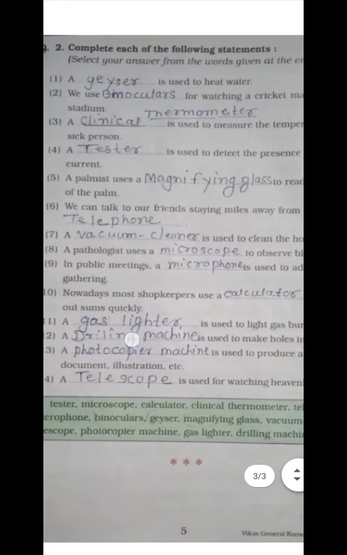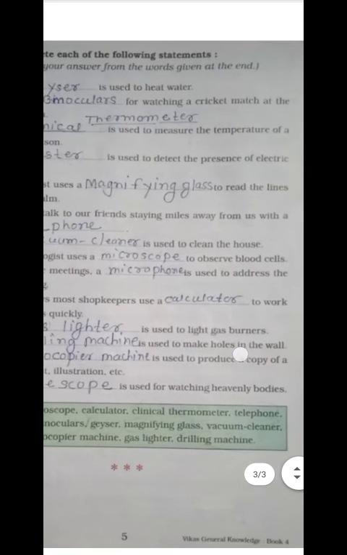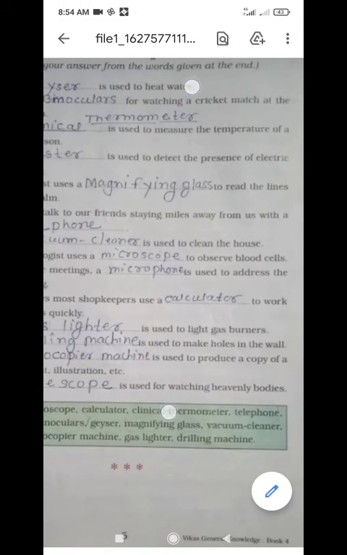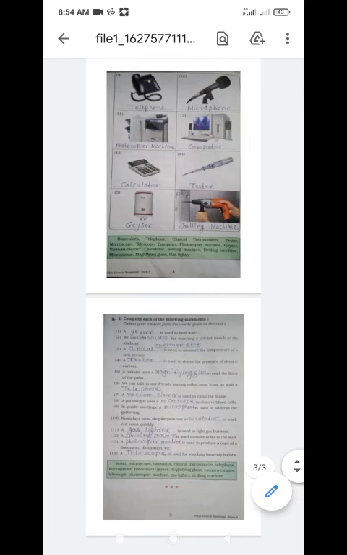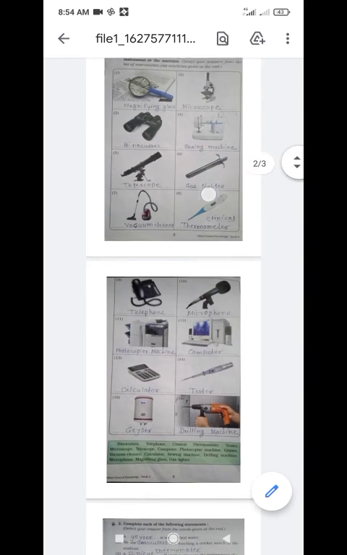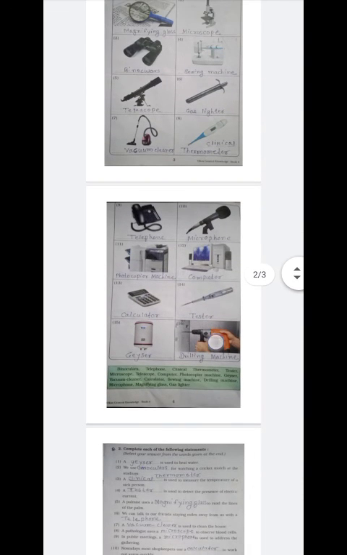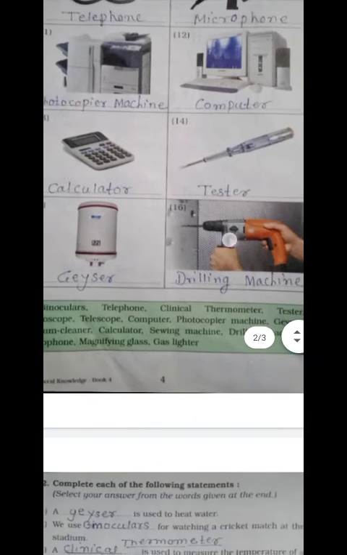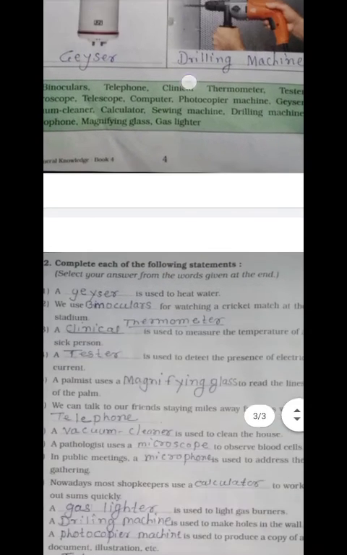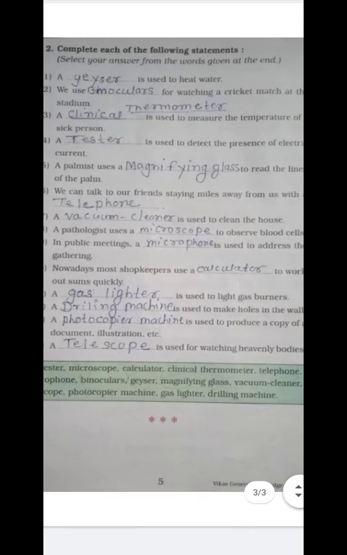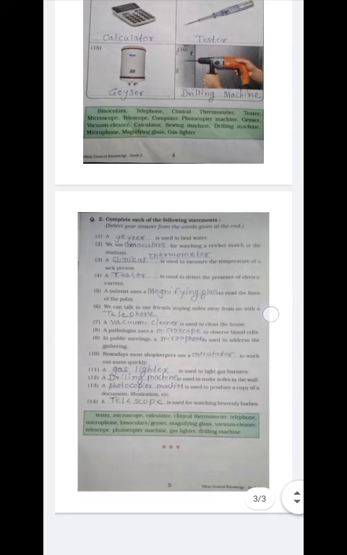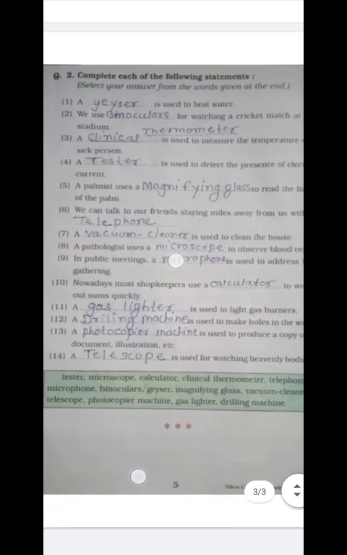A drilling machine is used to make holes in the wall. Now next question.